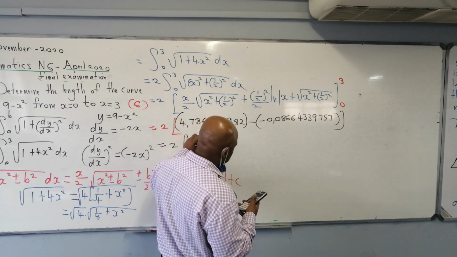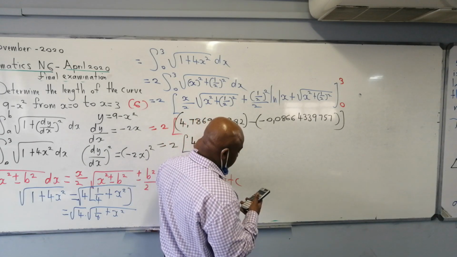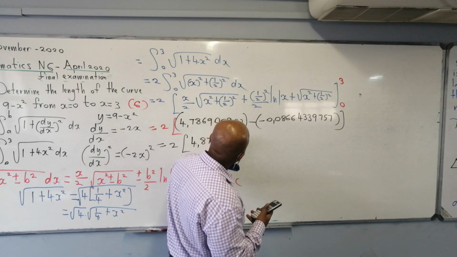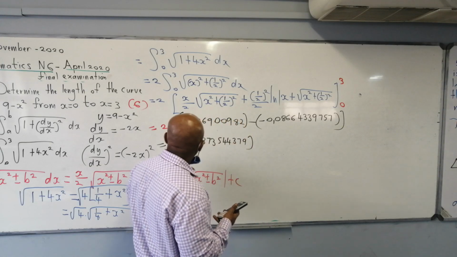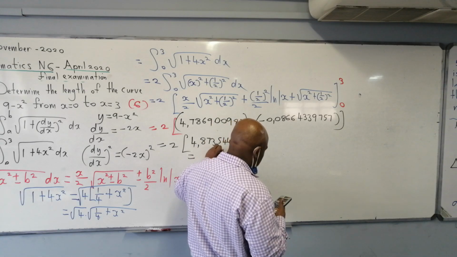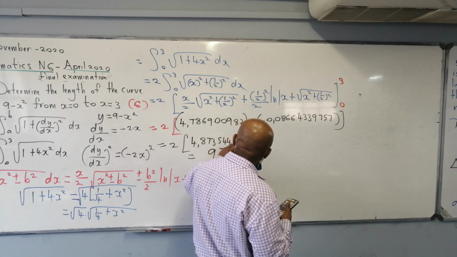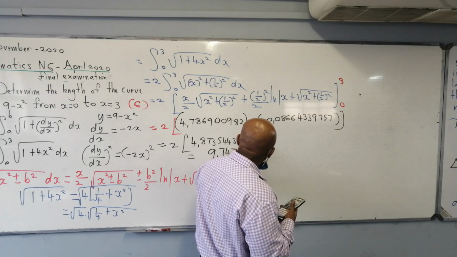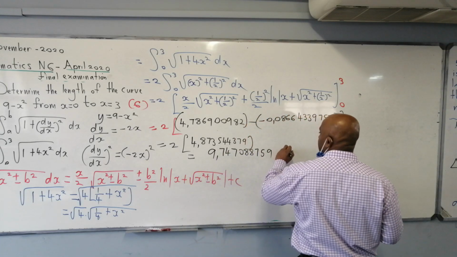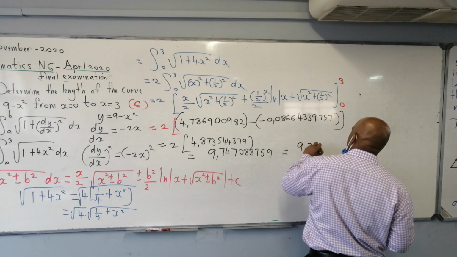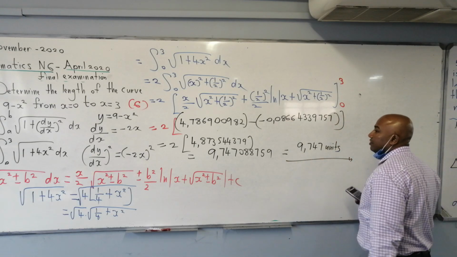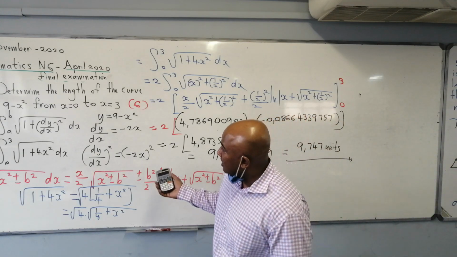So this is 4.8735, 4379 times 2, which is going to equal 9,747,088,759, which is just equal to 9,747 units. So if you know which formula to choose properly, that's easy.